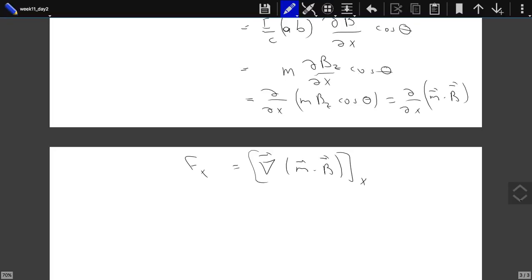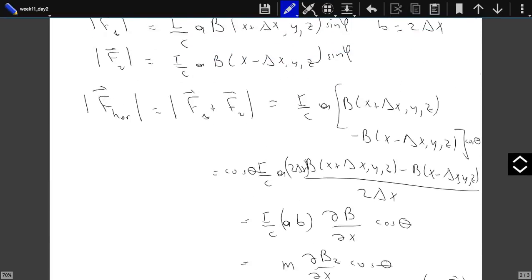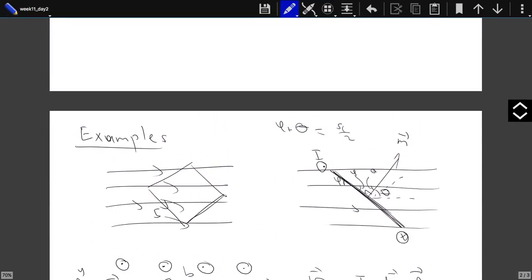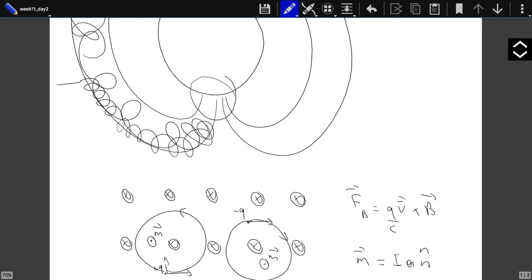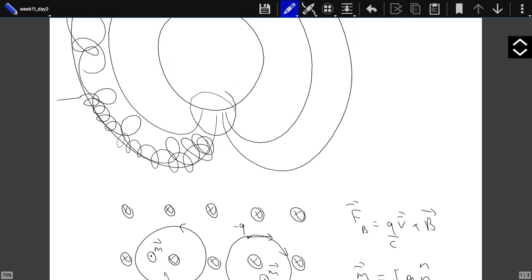Now let me ask you a question. We already said that the magnetic field doesn't do any work. Right? Well, let's go back to these charged particles. We said that there is a force acting on these charged particles, and it will reverse the direction of the velocity.